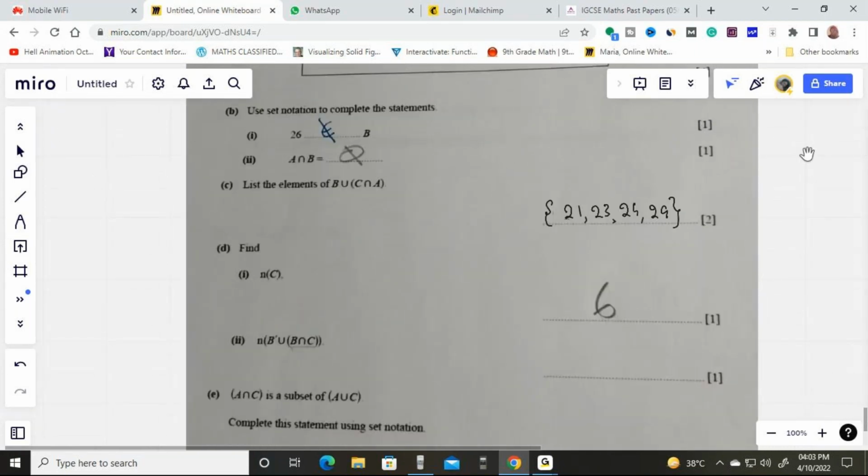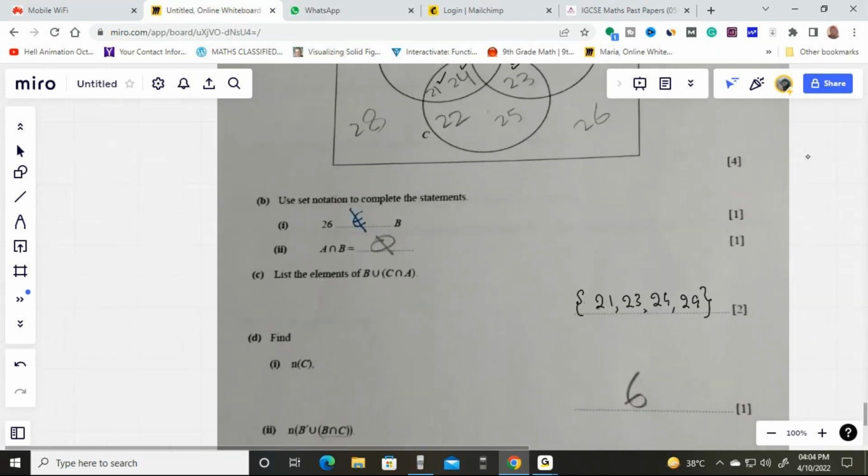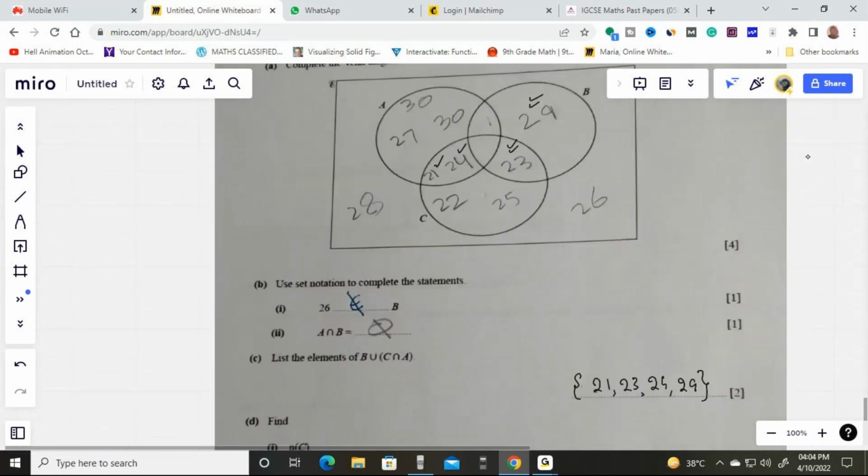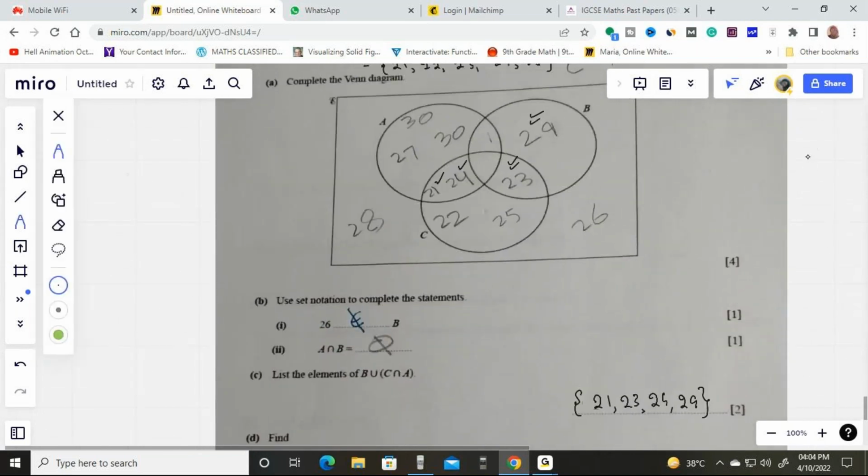Cardinality of B complement union B intersection C. Now in B intersection C, I am getting 23. Let me use a different color.